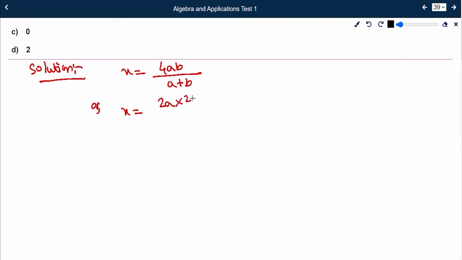First, and let me bring down 1 to the below of x, so it becomes x by 2a. Now let's do componendo and dividendo.